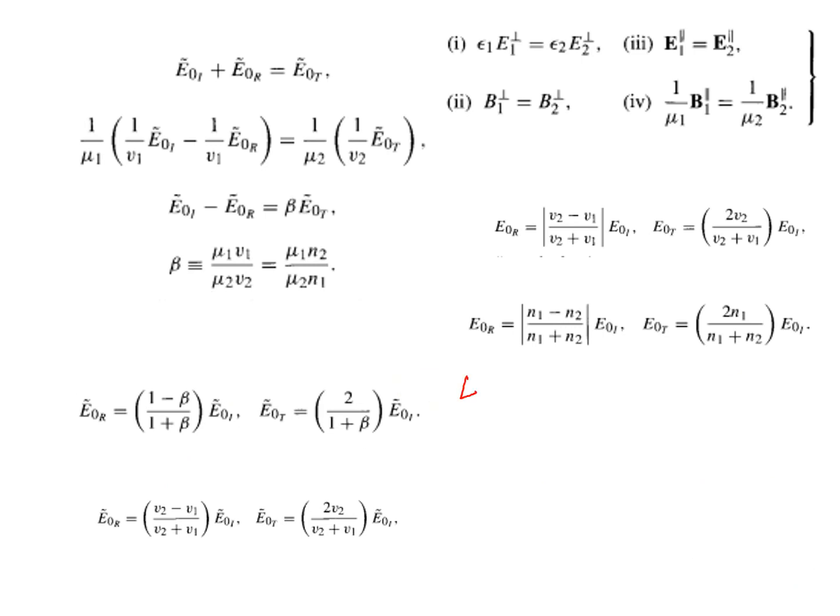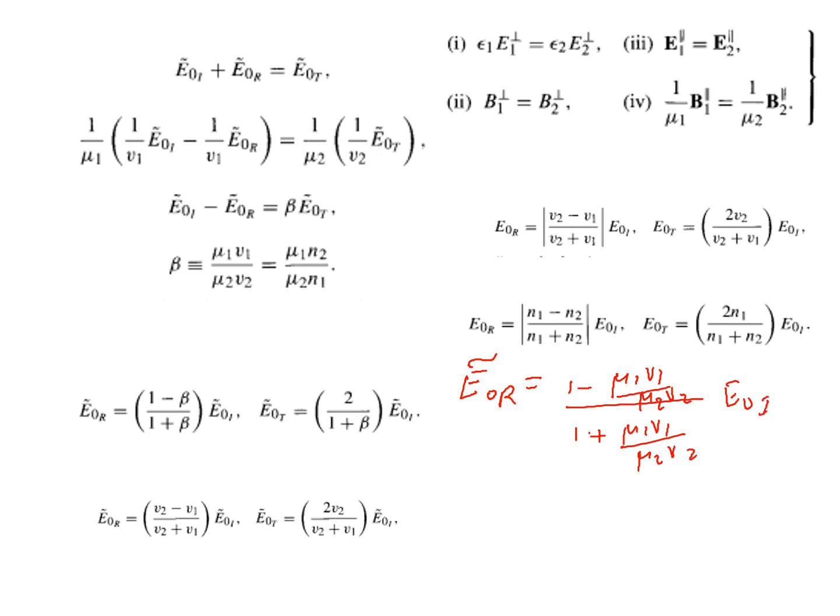See, E0R complex equals 1 minus, what is beta? It is mu1 v1 divided by mu2 v2, divided by 1 plus mu1 v1 by mu2 v2, times E0I.